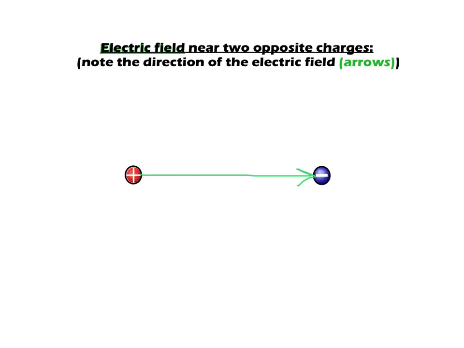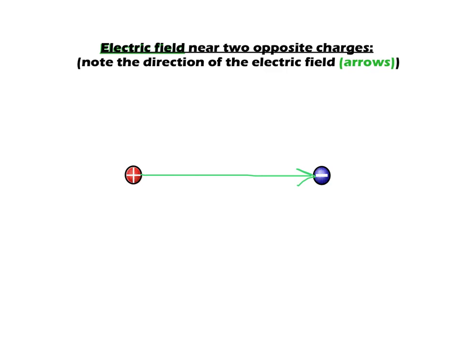Now, if I instead imagined my little positive test charge somewhere over here, closer to the positive charge, well here, the repulsive force from the big positive charge is going to outpush the attraction from the negative. So in other words, I have a big force and a small force, but when I add those two forces up together, the sum of those two vectors is actually going to give me the exact same size resultant as it was when the little positive charge was right in the middle.